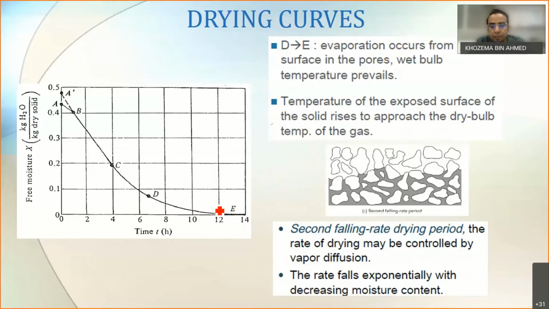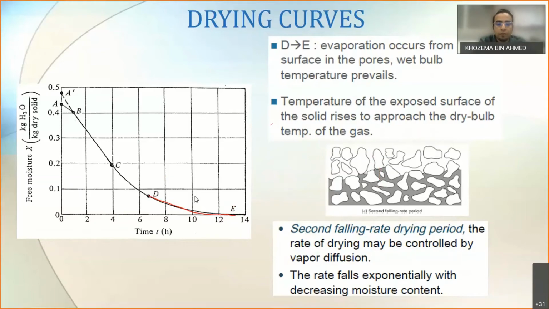The rate of drying is controlled by the vapor diffusion. So again, your liquid will have to diffuse, become vapor, and then the vapor will be transferred into the heated air. The rate falls exponentially with decreasing moisture content. You can see here, this is an exponential decrease in your rate.